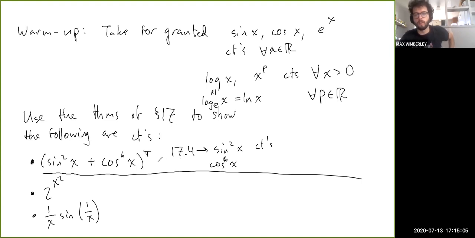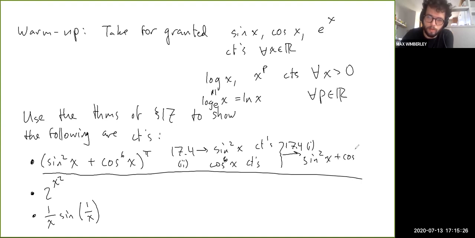You can use several applications to get cosine to the sixth of x, that's continuous. And then using 17.4 again, and then 17.4 part 1 tells us that the sum is continuous.